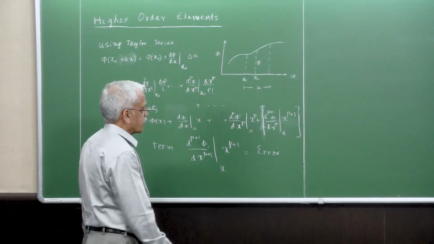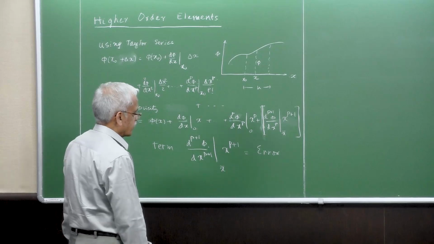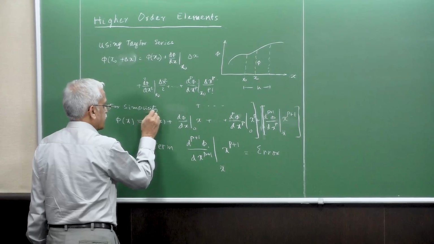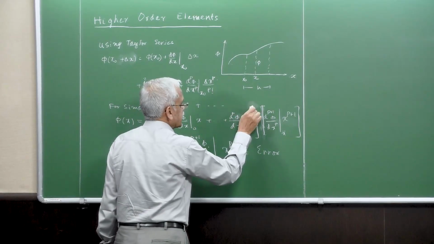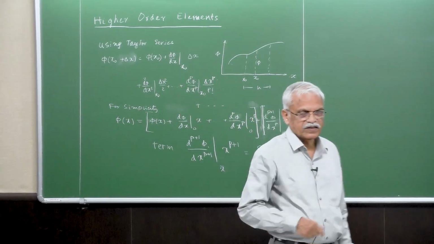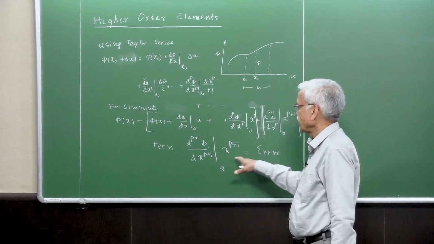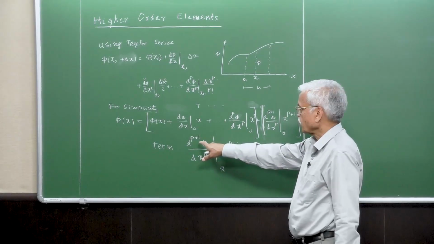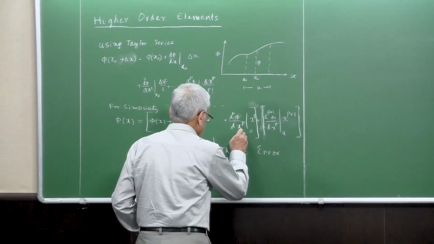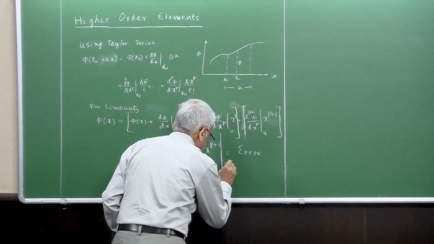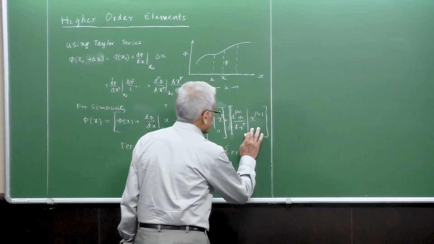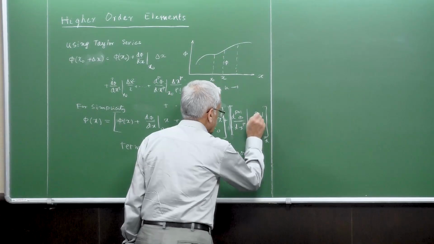So if you are only approximating up to the x to the power of p, if you are doing only up to pth degree polynomial, then the terms that are left out can be represented as the p plus 1th derivative. The whole thing is evaluated at x bar. I'm sorry, this also is x bar, including this one.